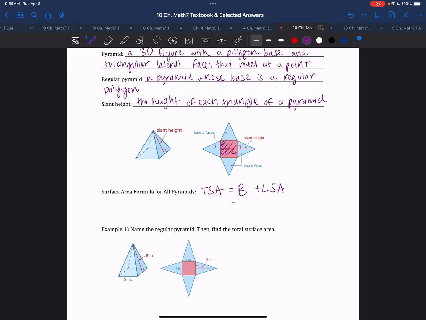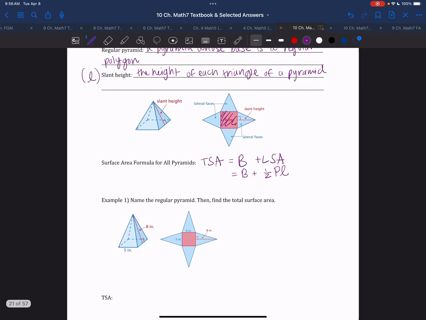So another way to find the lateral surface area is similar to a prism, but you are going to take half the perimeter and then multiply it, instead of by the height, by the slant height. And we use a lowercase cursive l to represent slant height. So I'm actually going to put that right next to slant height in parentheses. So that's the variable that we use.